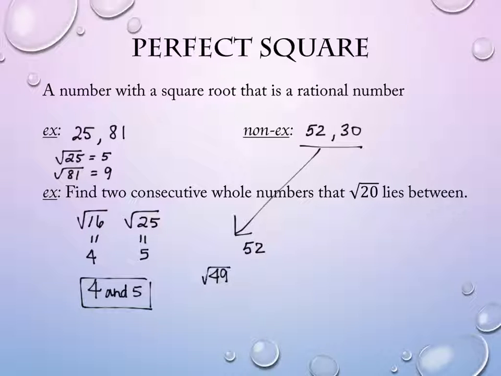What is the square root of 49? 7. And what's a number bigger than 52 that has a perfect root? It's a little further away this time, but it's the closest one. 64, right? And the square root of 64 is 8. So the square root of 52 is somewhere between 7 and 8.